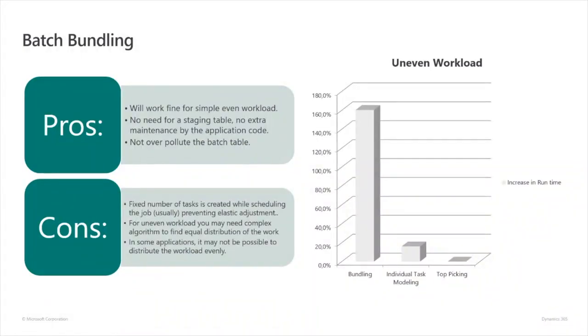In some applications, it might even be almost impossible to distribute the workload evenly. So in the graph on the right, you can see the effect of this approach on runtime behavior if you run the uneven workload against the batch framework, as the completion might be waiting on some threads of a bigger bundle in a certain runtime execution.